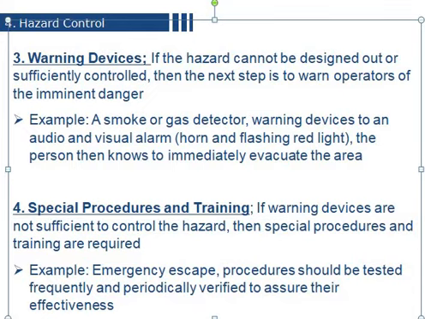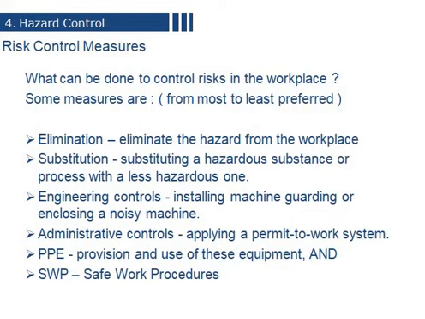And so on. So if we would like to summarize the risk control measures and what can be done to control risk in the workplace, the measures that are most preferred are the following. Then as we go down, these would be the measures that are the least preferred. So the most preferred measure is elimination, or designing out the hazard.